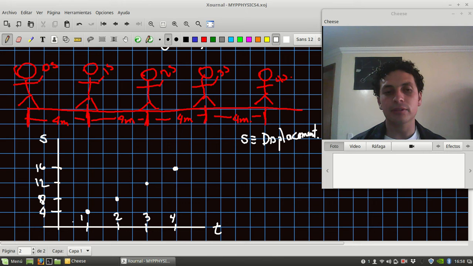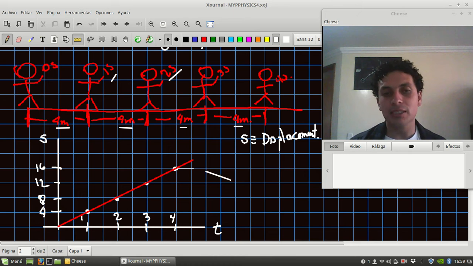How is the graph? The graph is going to be a linear function, or the graph is a linear trend. Okay, so what we're seeing here is that we're moving at constant speed or steady speed, and as you could see, every second we're moving 4 meters.